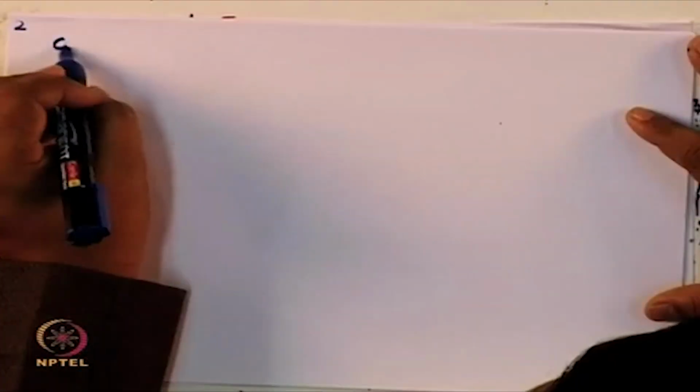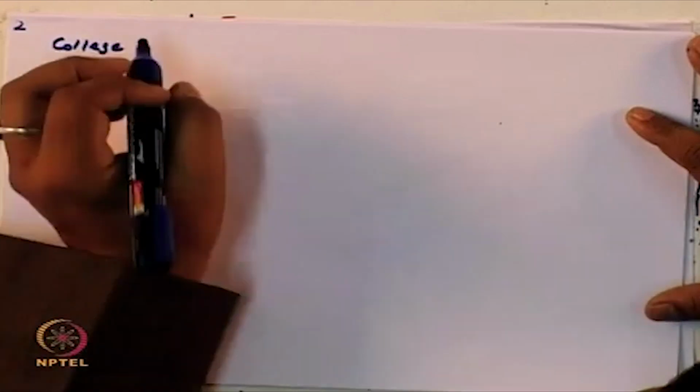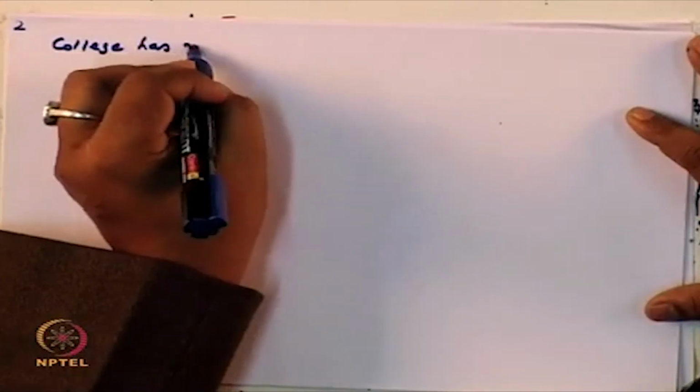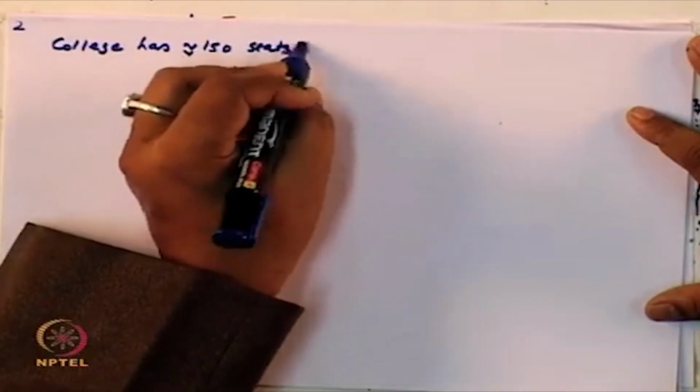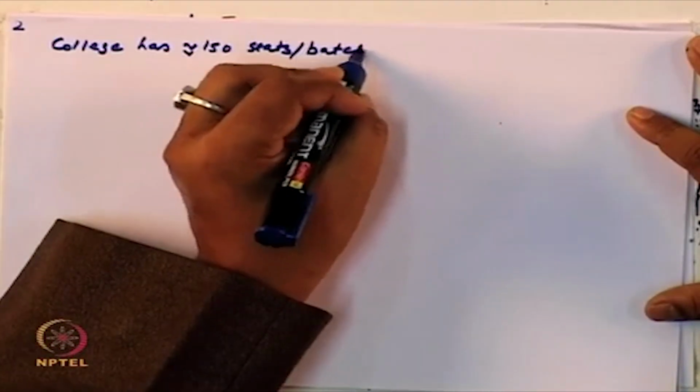So, imagine you have a college which has roughly 150 seats per batch.